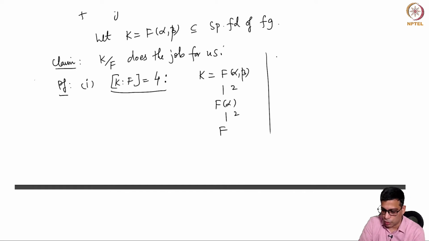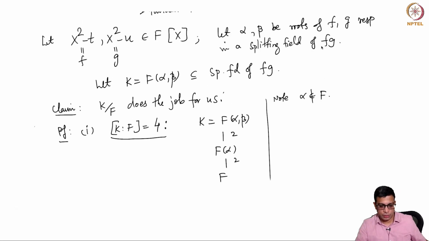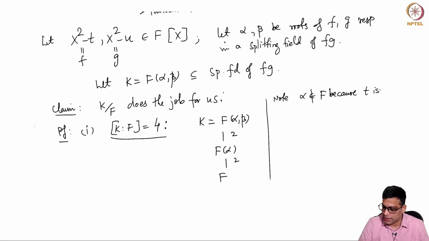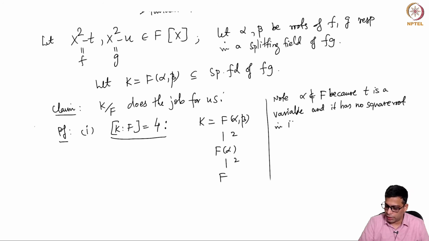We first note that alpha is not in F, because t is a variable and it has no square root in F, which is F2(t, u).